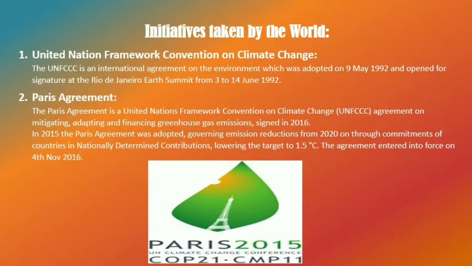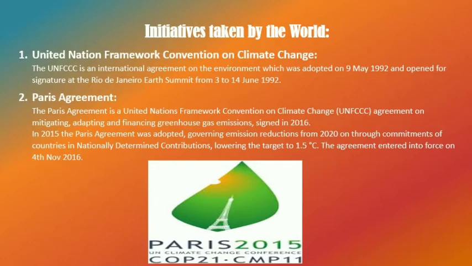In 2015 the Paris Agreement was adopted, governing emission reduction from 2020 on through commitments of countries in nationally determined contributions, lowering the target to 1.5 degrees Celsius. Remember, we have taken the target of lowering to 1.5 degrees Celsius, and the agreement entered into force on 4th November 2016.